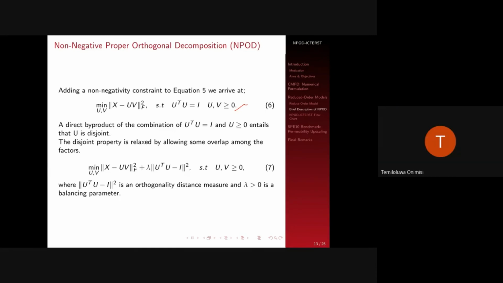Okay, so basically, lambda is set in such a way that as lambda increases, the orthogonality reduces. So you need to know what level of disjointedness you need. You could plot a graph to see the orthogonality of your reconstructed data against your lambda.